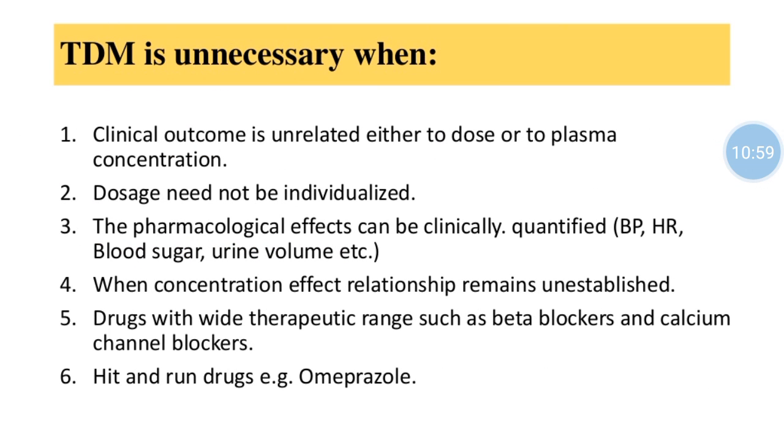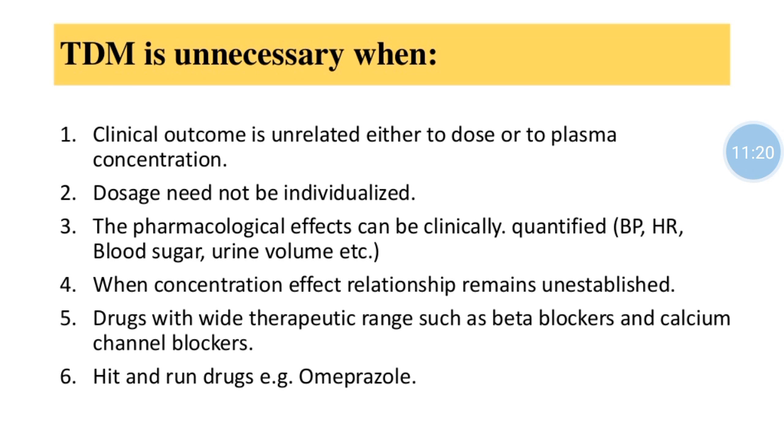Then, when is therapeutic drug monitoring unnecessary? Unnecessary means we do not require therapeutic drug monitoring. One by one: the first point is when clinical outcome is unrelated either to dose or to plasma concentration. Clinical outcome means the pharmacological effect or medicinal effect.